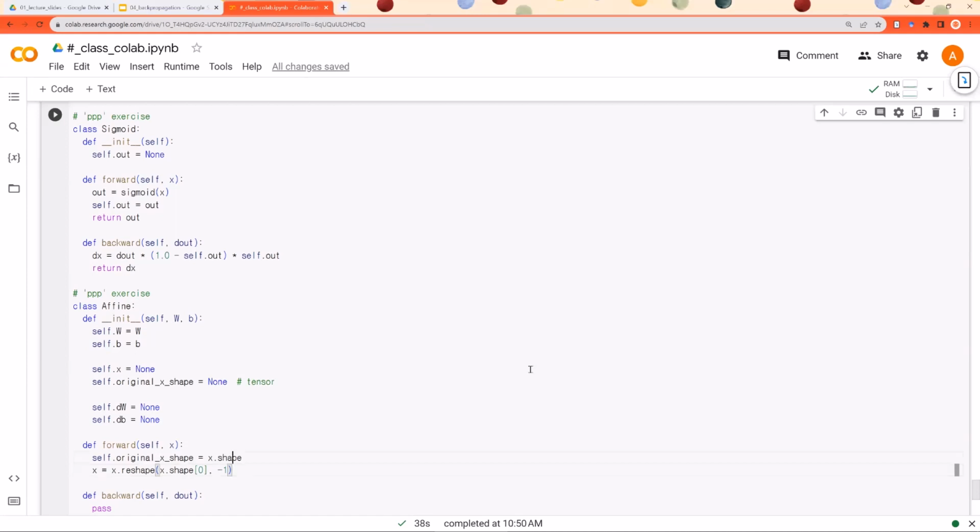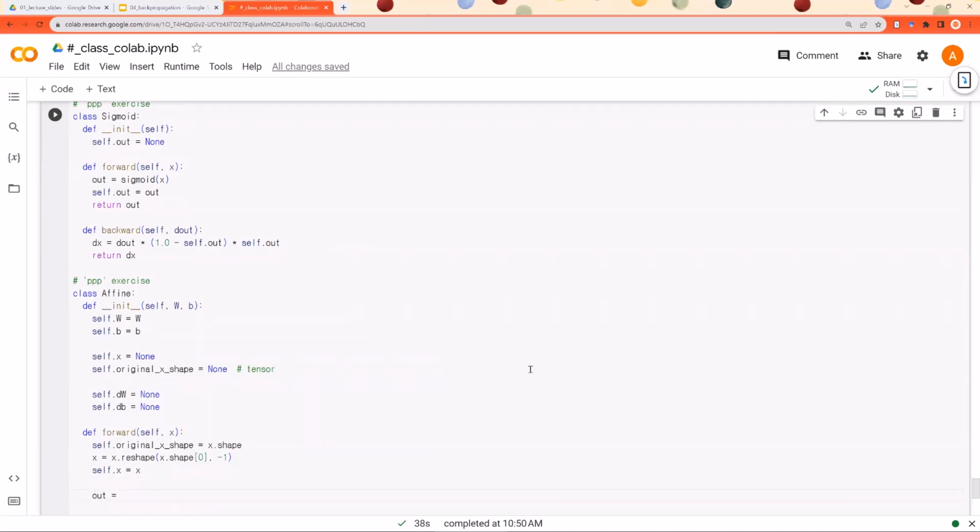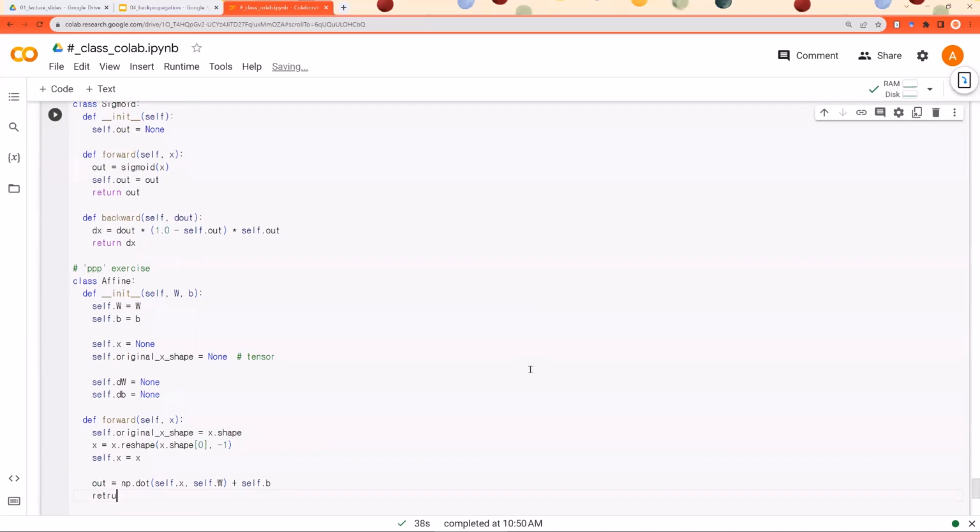This is to make the tensor into a matrix. And then we're going to store x like this. The output is going to be np dot self x and self w plus self b. That is our output, and we're going to return this value.